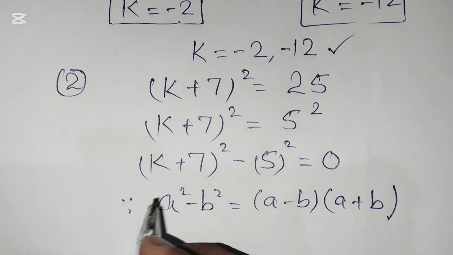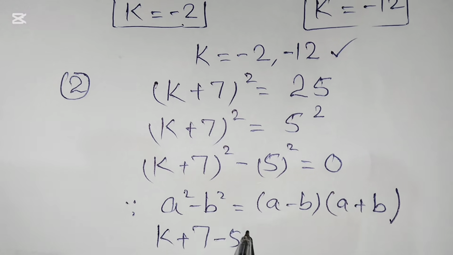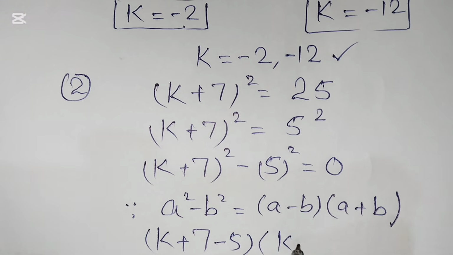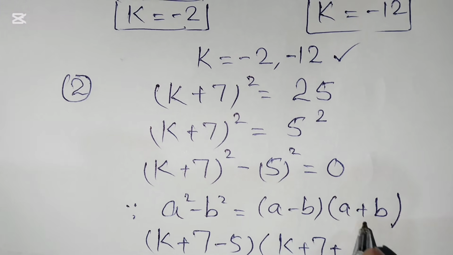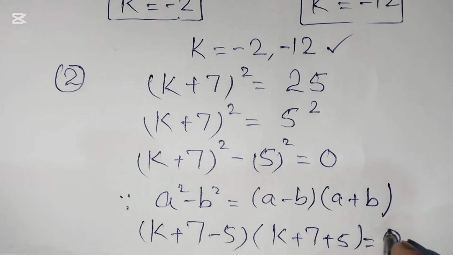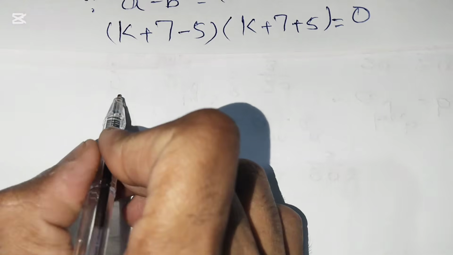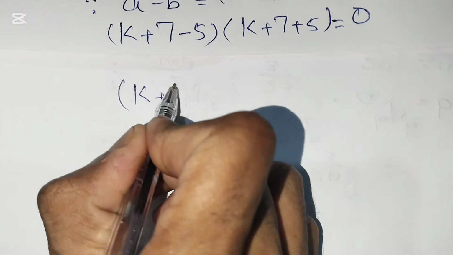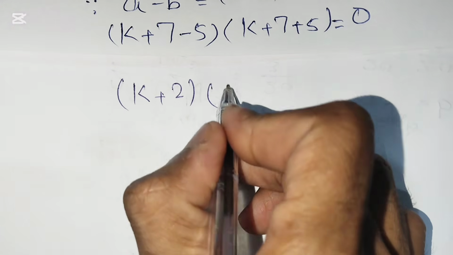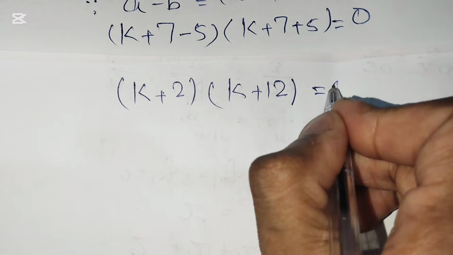So we have (k + 7 minus 5)(k + 7 plus 5) is equal to 0. So this is k plus 2, and this is k plus 12 is equal to 0.